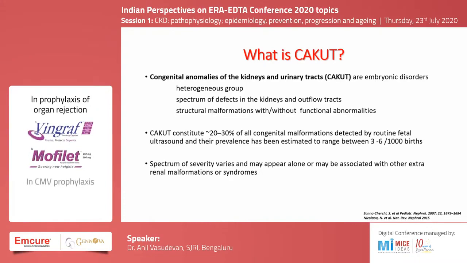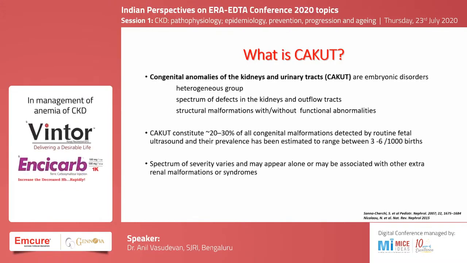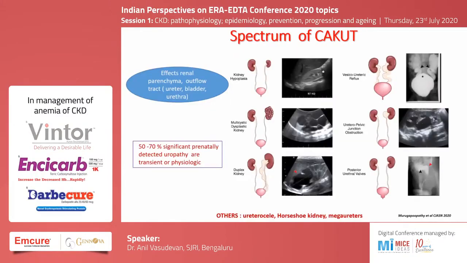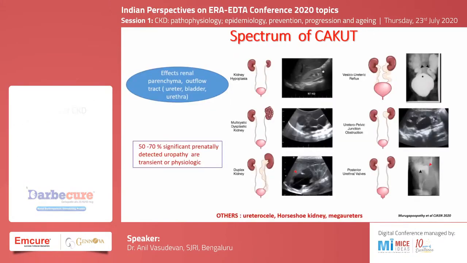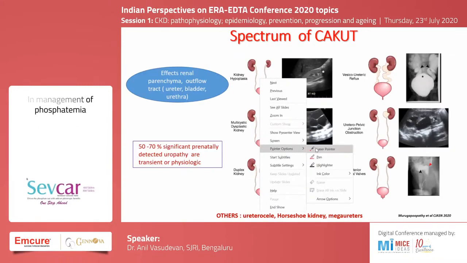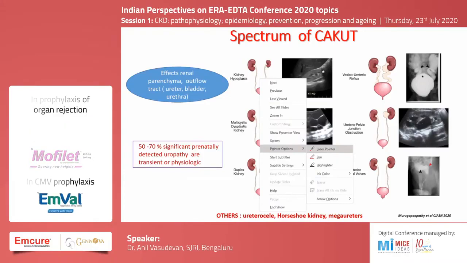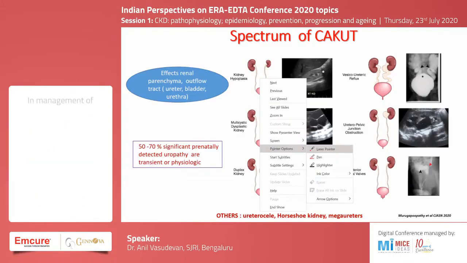The kinds of anomalies seen vary very much, and not only are they seen in isolation, but also in the presence of other extrarenal malformations. When we look at the phenotypic spectrum of the renal anomalies, it's really diverse. But broadly, we could classify them into 3 groups.